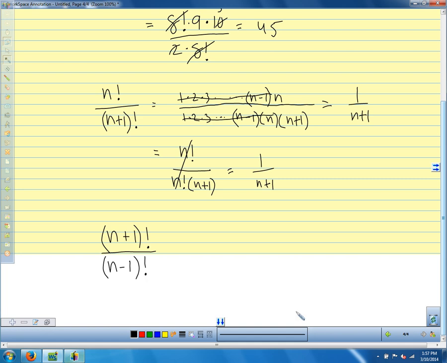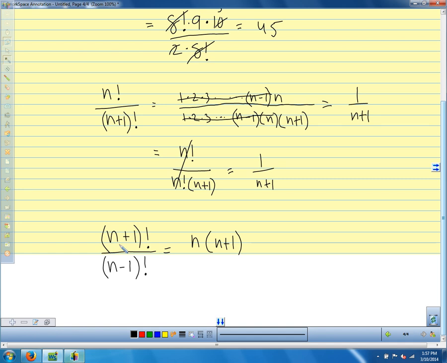So how would this simplify? Jonah says n squared plus n, so factor that out. How would we write it without distributing? Right. So this would just be n times n plus 1.